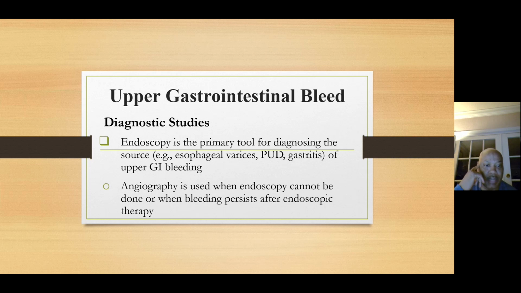Now, we also assess the patient's BUN level. Think about it. During a significant hemorrhage or bleeding, the GI tract bacteria breaks down proteins, and when it breaks down proteins, it results in an increased BUN level. Remember, the byproduct of proteins is BUN, blood urea nitrogen.